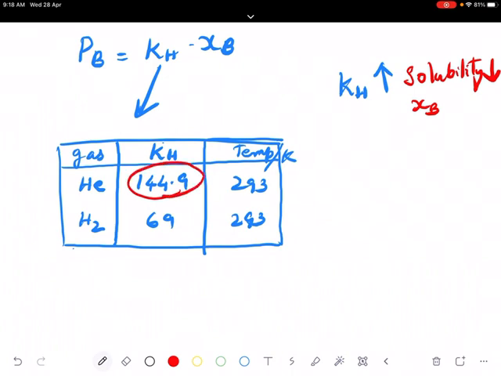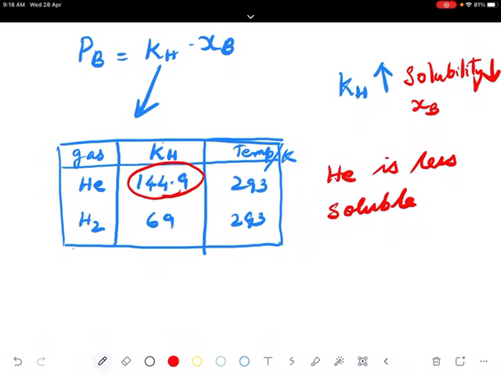So helium is less soluble. Looking at this value, we can say helium is less soluble.